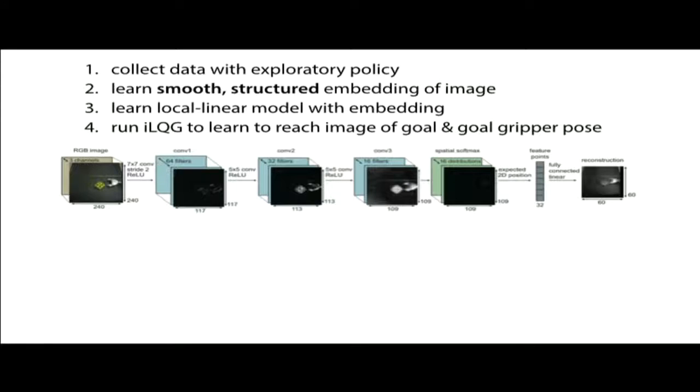The bottleneck in this case is much more high dimensional than the previous case. Before, the bottleneck was two-dimensional. In this case, it's okay to have a higher dimensional system because we'll be using a model-based method. But the bottleneck here is encoding some structure in the image: it's going to try and pull out features, 2D feature points in the image, basically 2D coordinates of objects in the image.